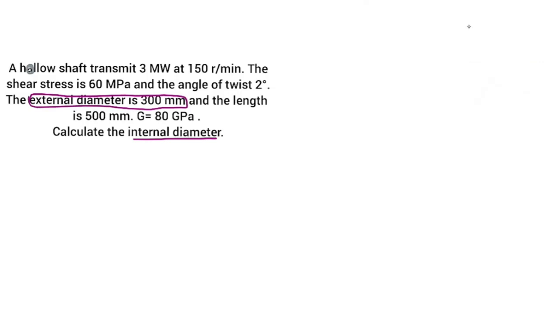So here we have the rotational speed, which is 150 revolutions per minute. Then we've got the shear stress, which is 60 megapascals, which is 60 times 10 to the exponent 6 pascals. Then we've got the external diameter.